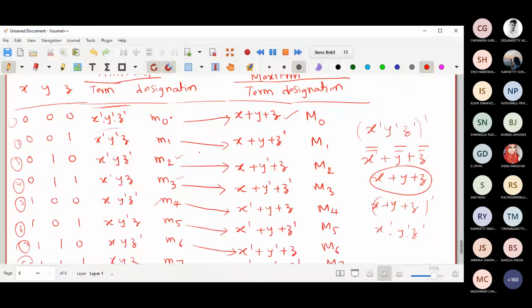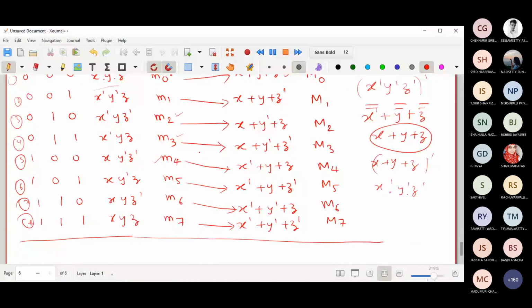Next we have one table regarding another representation.